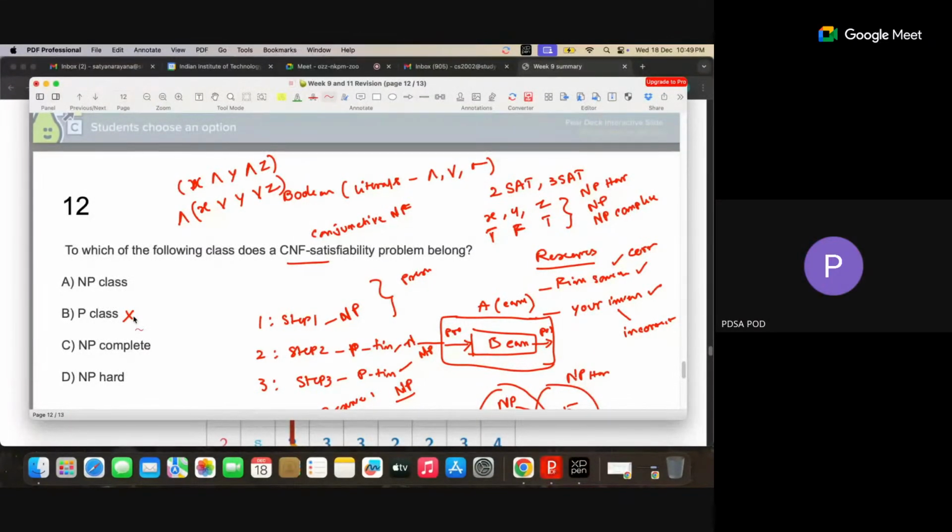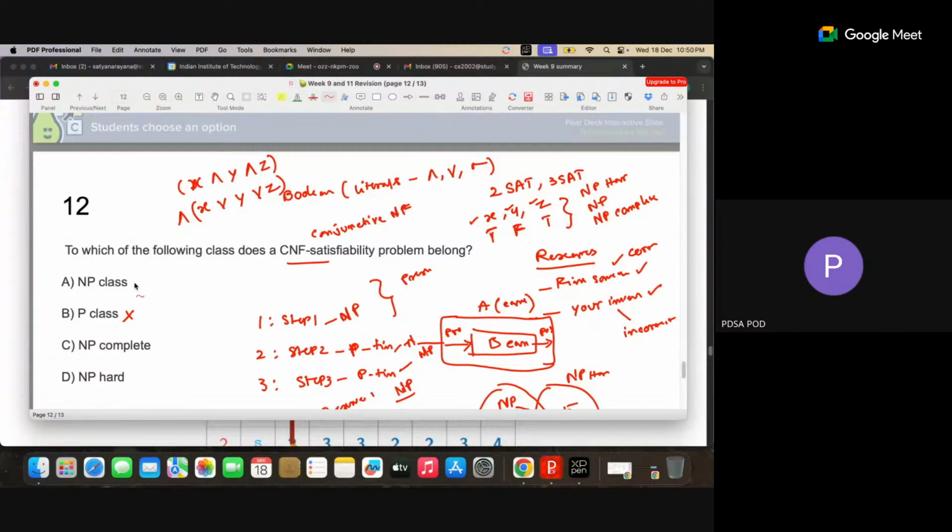See, NP-complete problems are a dynamic kind of problem which moves between NP and NP-hard. Based on these particular literals like X, Y, and Z, we change the conjunctions. Either we use a conjunction or a disjunction, either OR or AND.